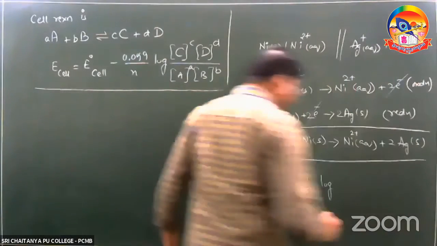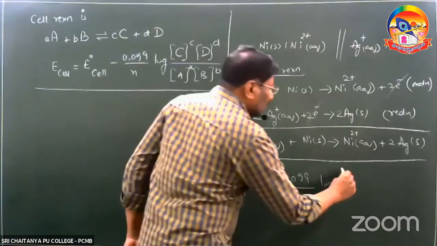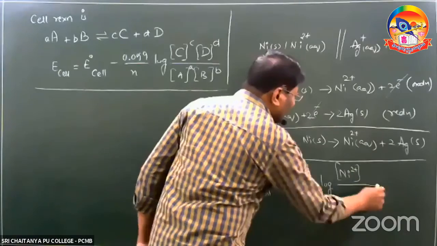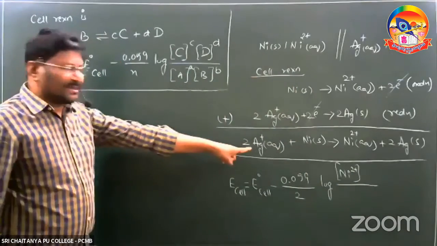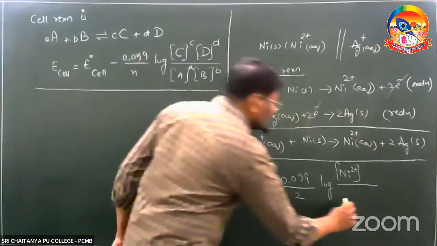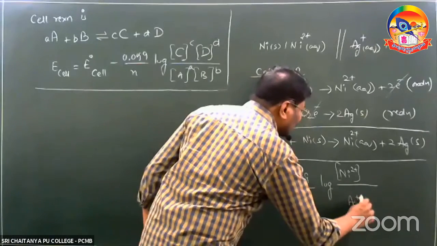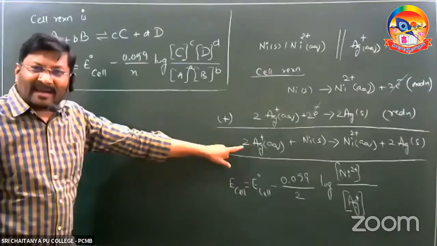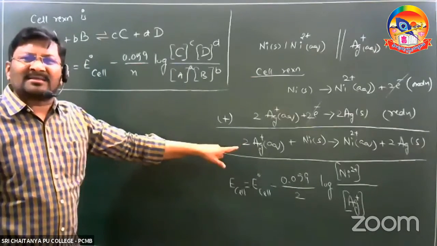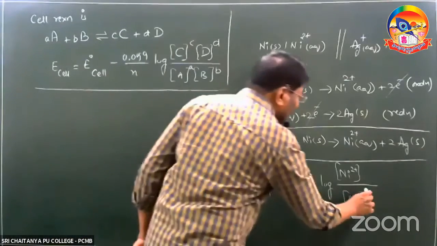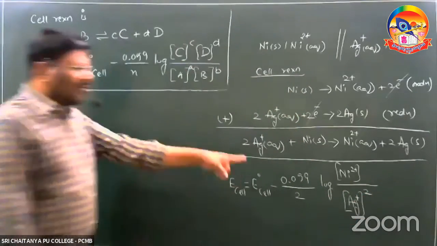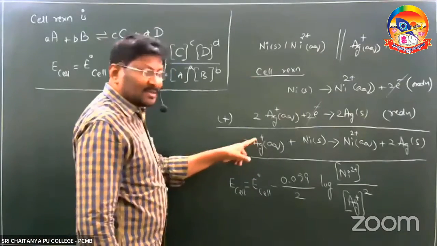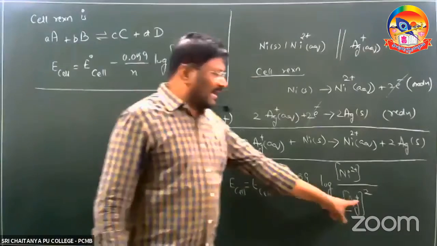Products: Ni2 plus concentration, divided by reactants: Ag plus concentration, and the coefficient 2 should be raised as a power. Please remember, for 2Ag plus, the coefficient should be raised as a power.